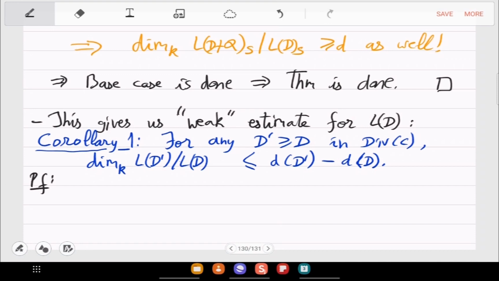So we'll use the theorem, right? So let's define S to be the support of D and D prime.